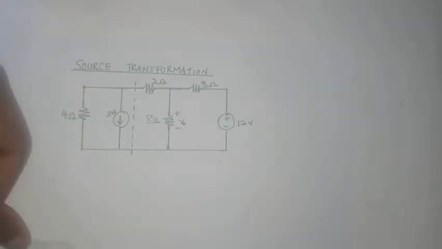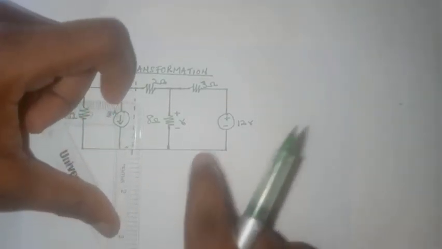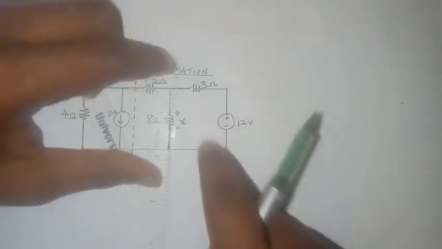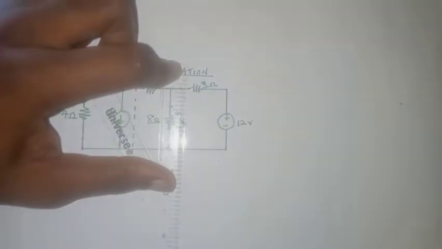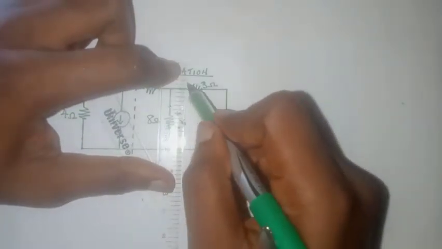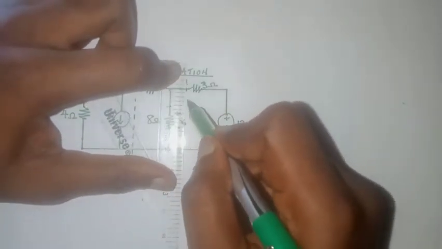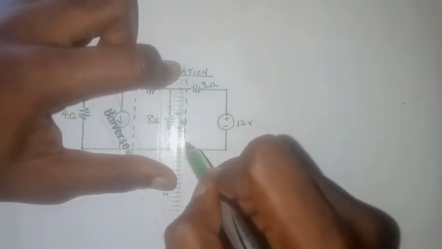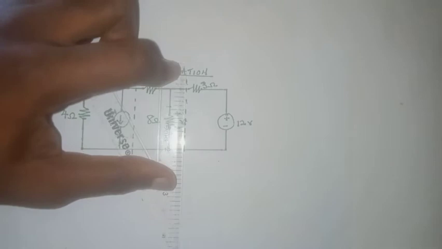Next, we want to perform a source transformation on these two components. In order to do that, we cut them off from the circuit again, just like before, and perform a source transformation on them.